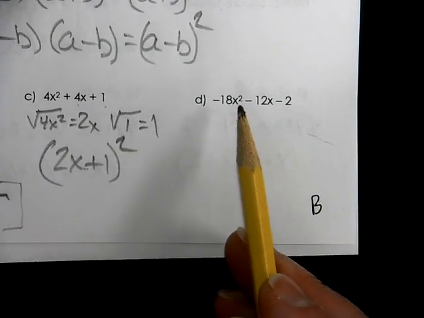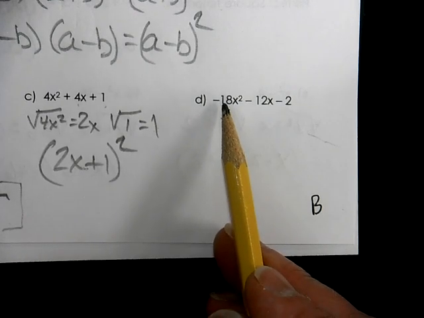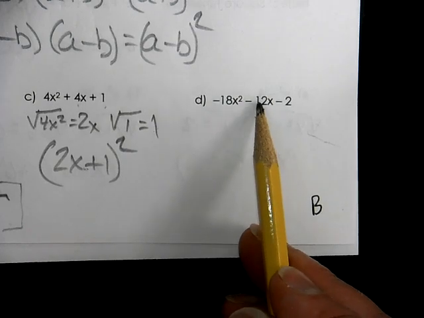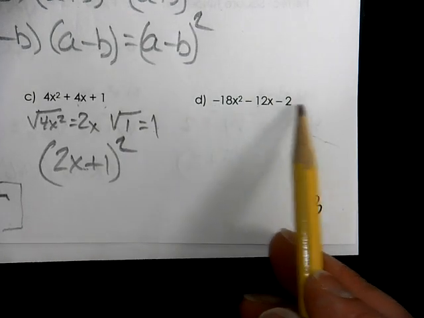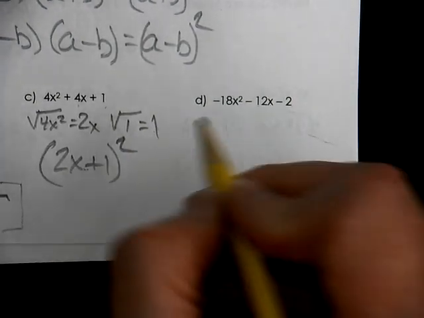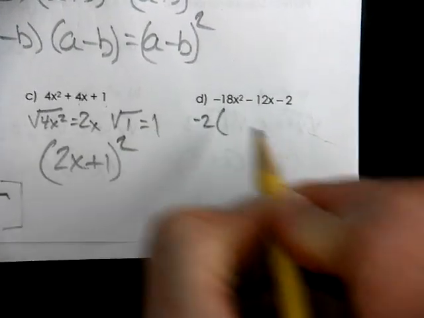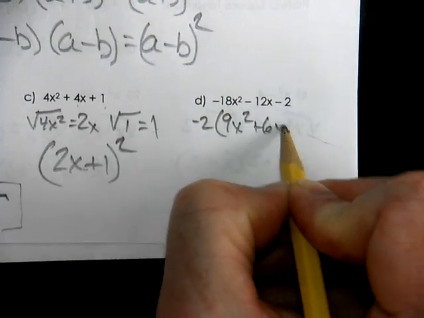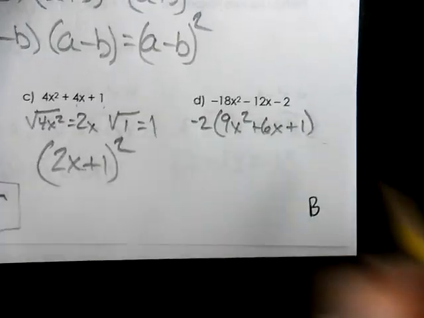This is a bit tricky. I can't take the square root of 18. I can't take the square root of 2. But if I notice, there are 2's in all of them. They're all even numbers. So I'm going to factor out my negative. That leaves me with 9x squared plus 6x plus 1.